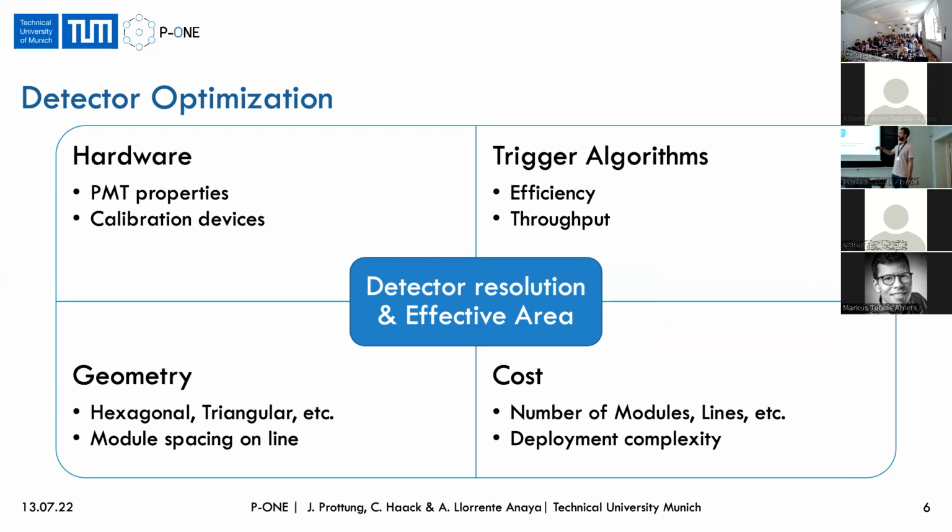And for the geometry, do we want hexagonal like we have in IceCube? Do we want triangular? What's the spacing of the modules? And obviously all of this costs some money, and funding is not unlimited. So we should watch out for this. And all of those 4 dimensions affect the detector resolution and the effective area of the final detector.